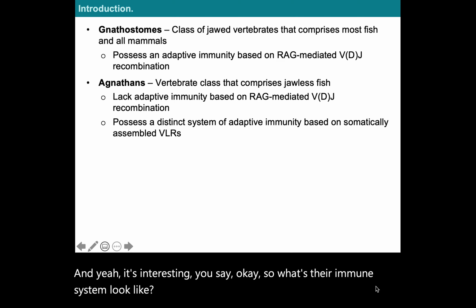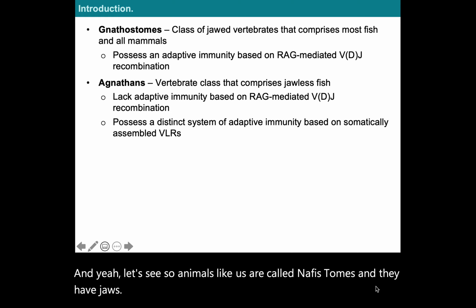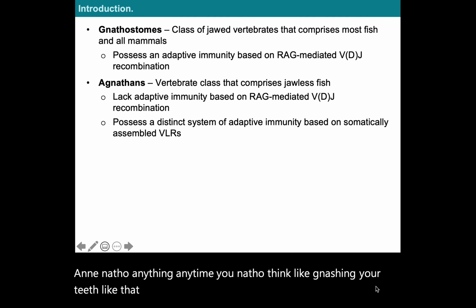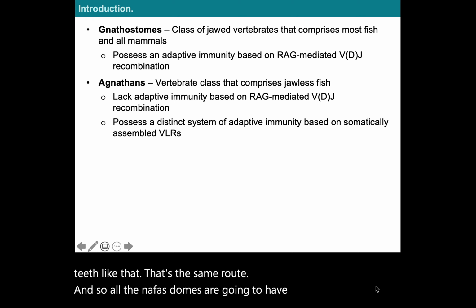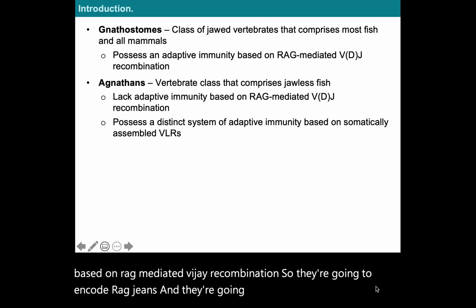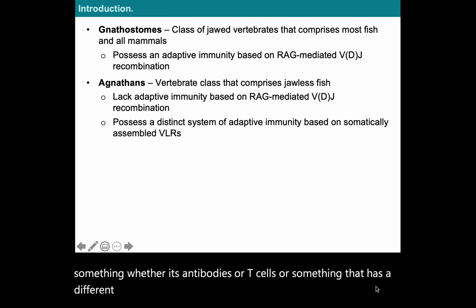Animals like us are called gnathostomes, and they have jaws. Anytime you see gnatho, think of gnashing your teeth. It's the same root. All the gnathostomes are going to have adaptive immunity based on RAG-mediated VDJ recombination. So they're going to encode RAG genes, and they're going to have V, D and J regions for something, whether it's antibodies or T cells or something that has a different name but functions in roughly the same way.